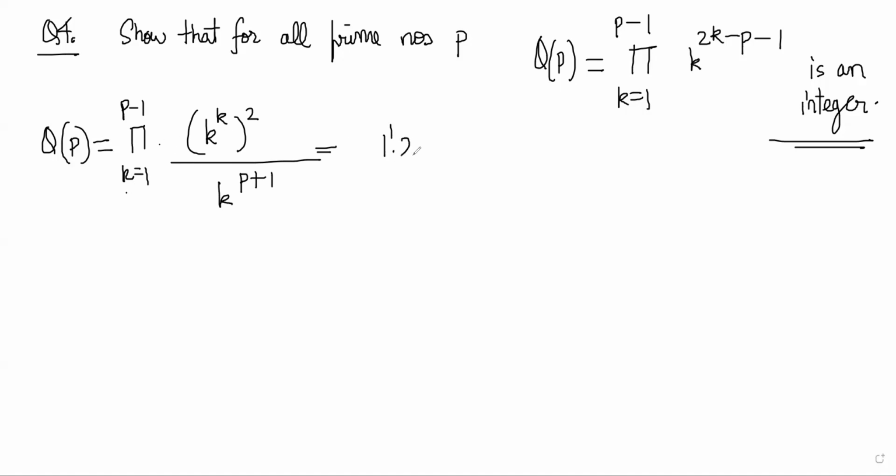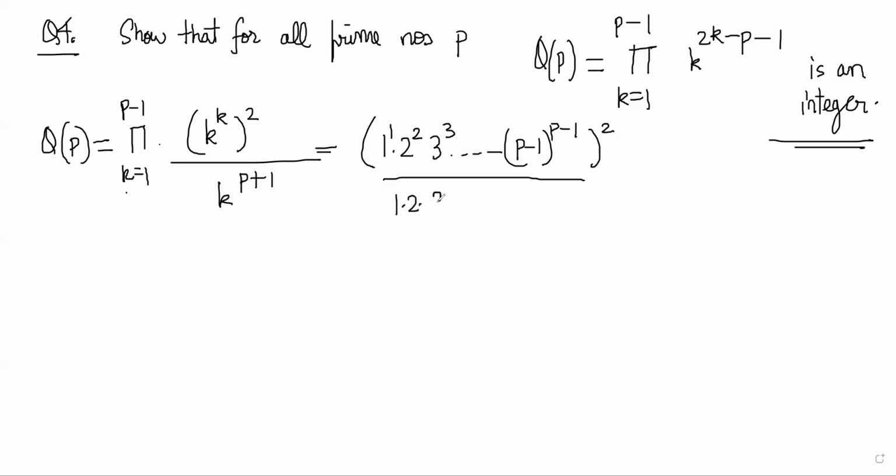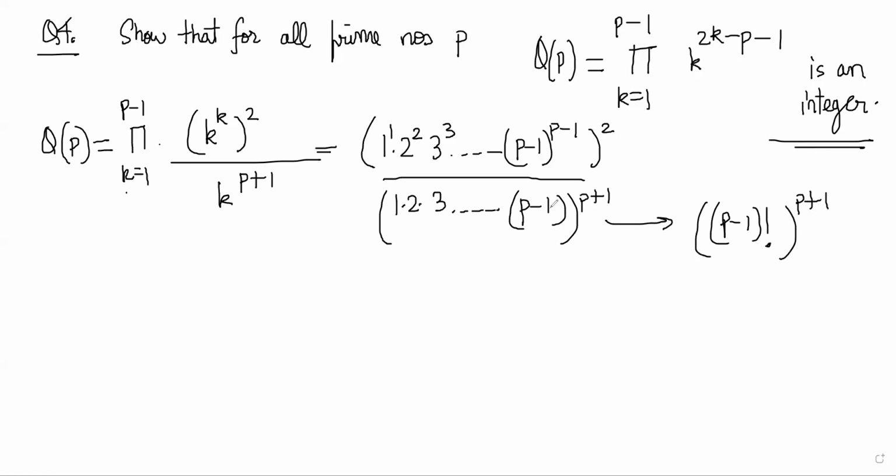So it is 1 power 1, 2 power 2, 3 power 3, and so on till P minus 1 power P minus 1 whole square on top, divided by, this is 1 into 2 into 3 till P minus 1 and whole thing to the power P plus 1, right? So let's figure out the numerator first, because the denominator is simple. Denominator is simply P minus 1 factorial to the power P plus 1. Right? So let's figure out the numerator part first.